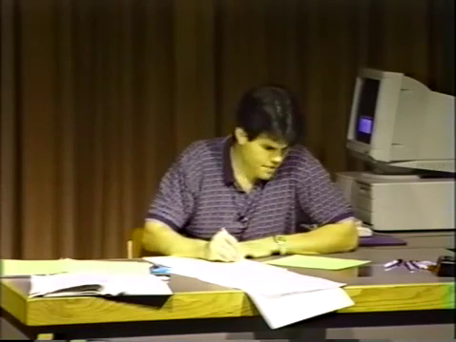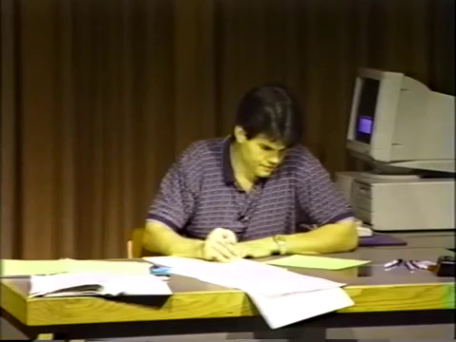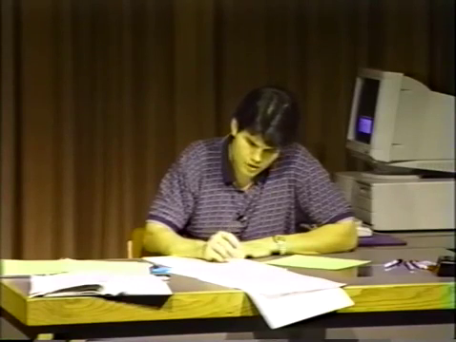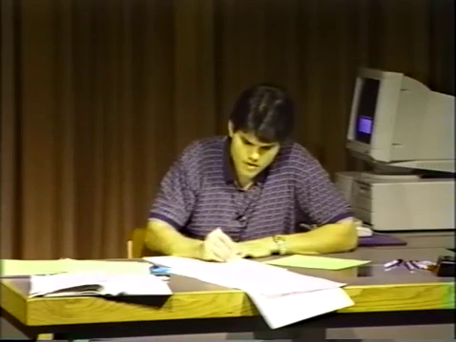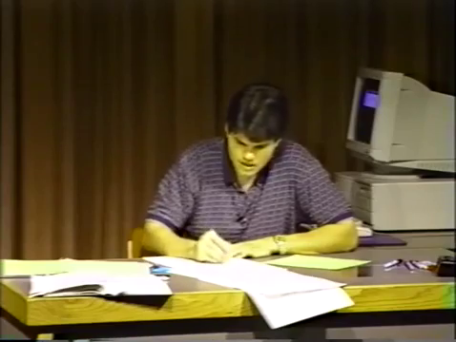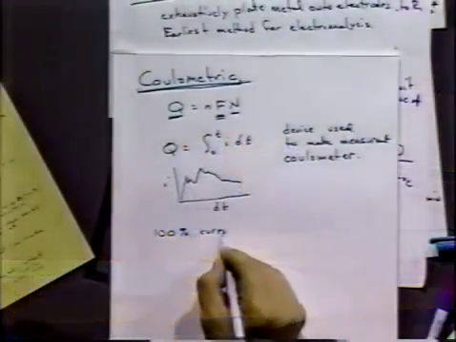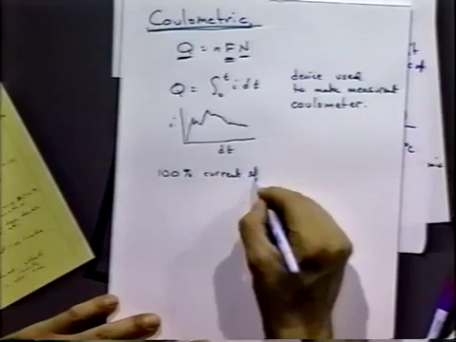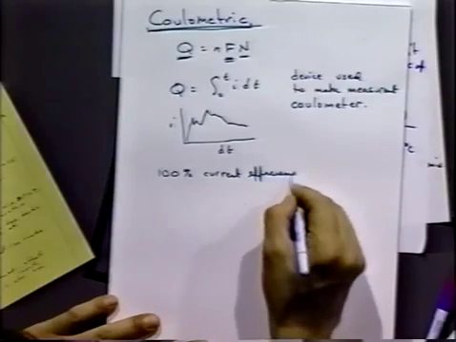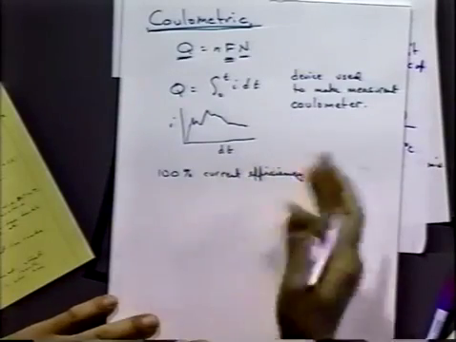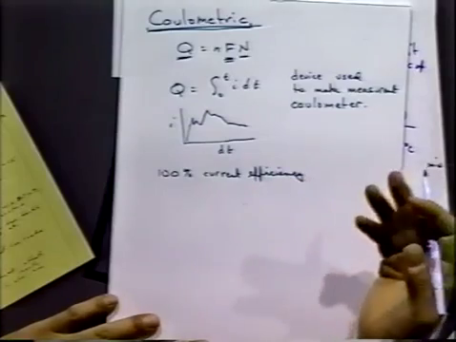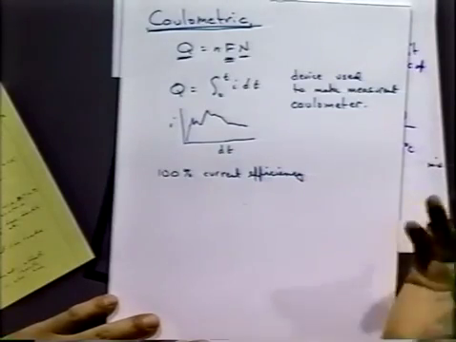The other problem with the coulometric method is that it requires, initially at least, 100% current efficiency. We have to know when we do the reaction that all of the electrons that we're putting in are involved in doing the reaction overall.